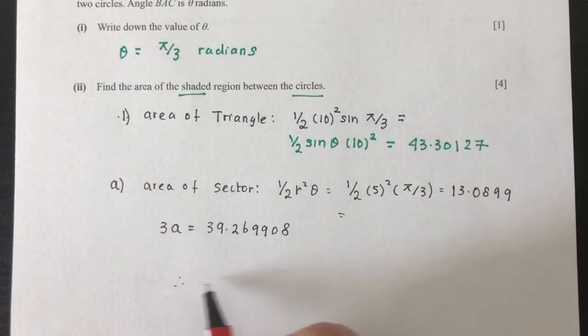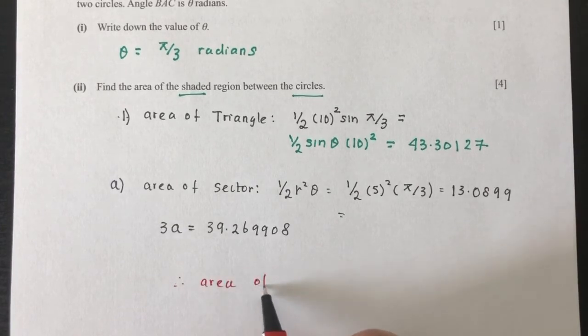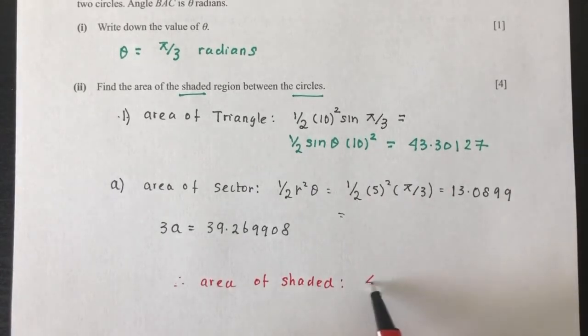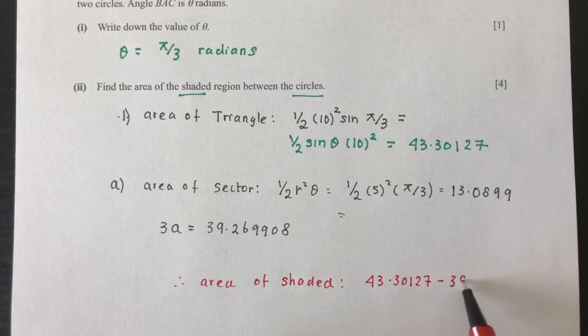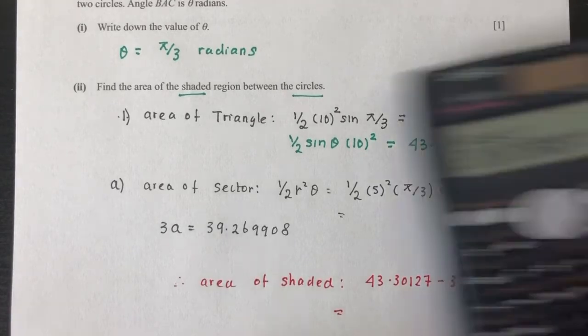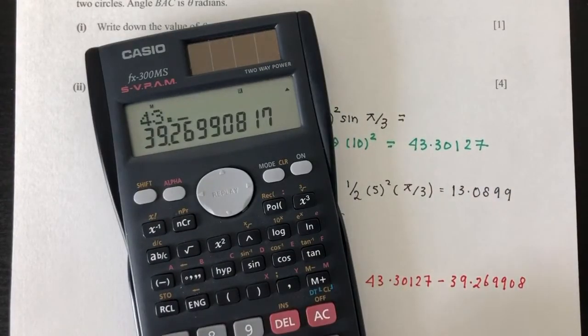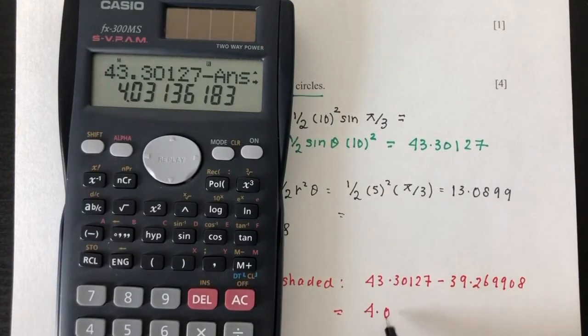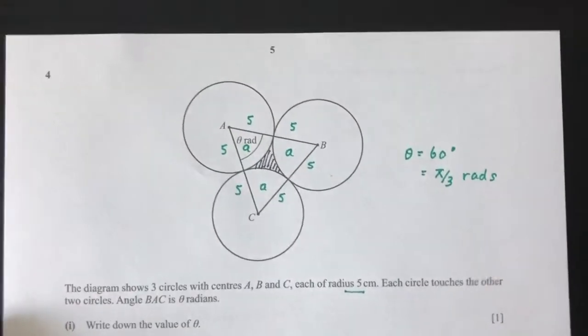The area of the shaded region should be number 1, which is the area of the triangle, minus the area of 3A's, 3 sectors. Let's see what we get. That should be 4.03, correct to 3SF. Should be centimeter square. And that will be your question number 4.